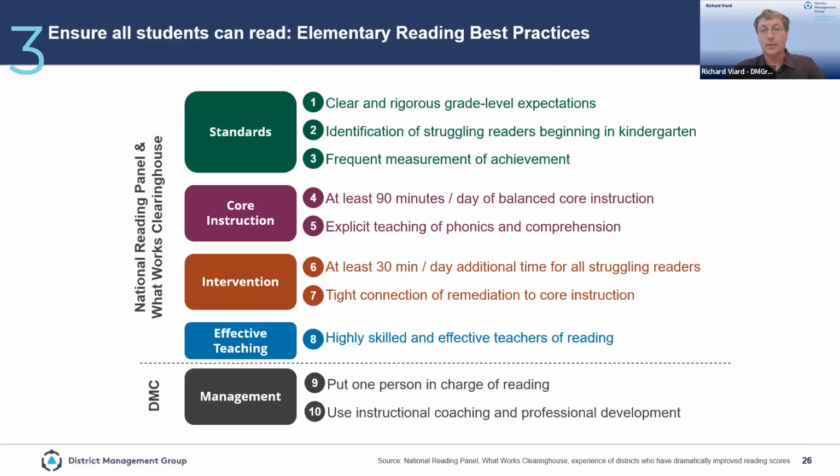And tight connection of remediation to core instruction. So students understand that this is not homework help, this is really related to the core instruction. And then having highly skilled and effective teachers of reading. And we'll talk about that a little more.